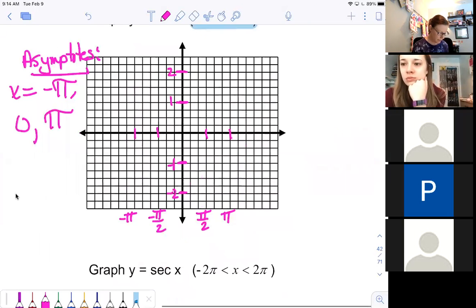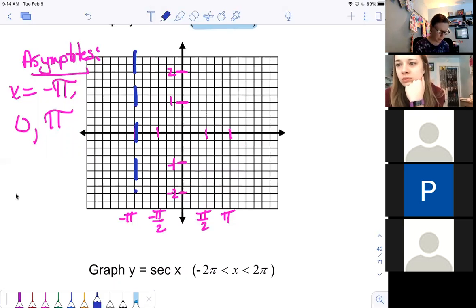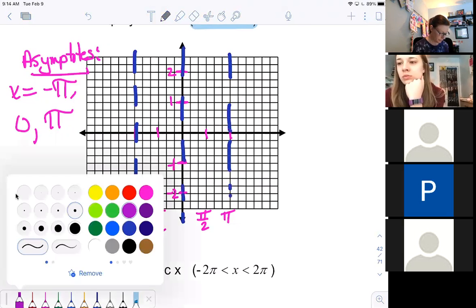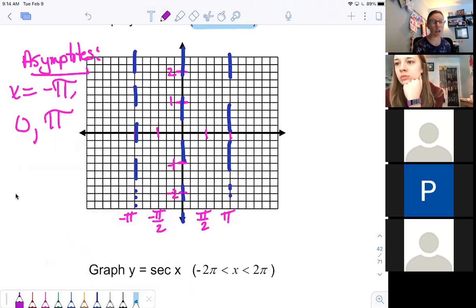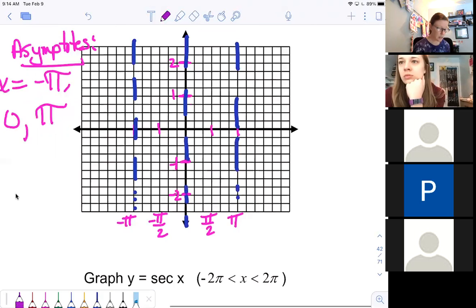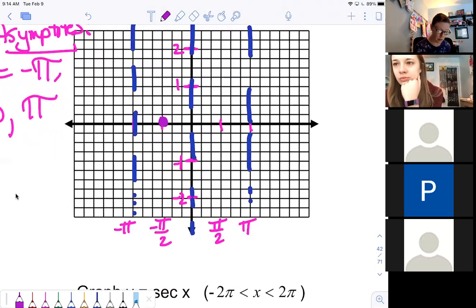So on our graph, at negative pi, we have an asymptote. At 0, we have an asymptote. And at positive pi. And that'll be for every cotangent function. In the middle is our x-intercepts.